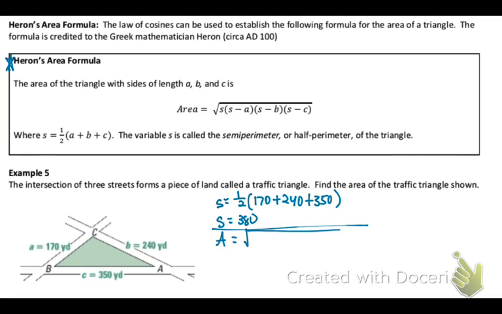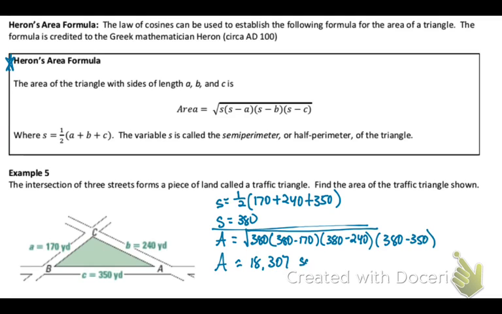So area equals the square root of 380 times 380 minus each of those side lengths. And so you can put that in your calculator and we will round. So our area is approximately 13,307 square yards.